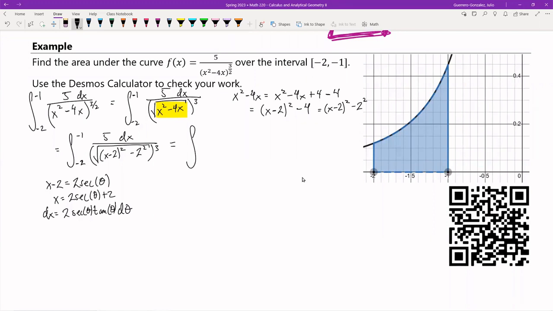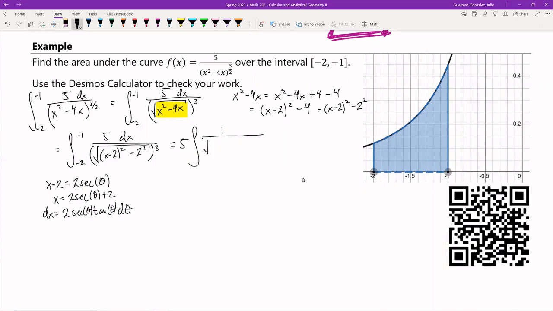This is going to be the integral. Let me grab the 5 and stick it out front, because I can do that. Let's start doing this. The x minus 2 is going to be 2 secant theta, so it's going to be 1 divided by the square root on the bottom.